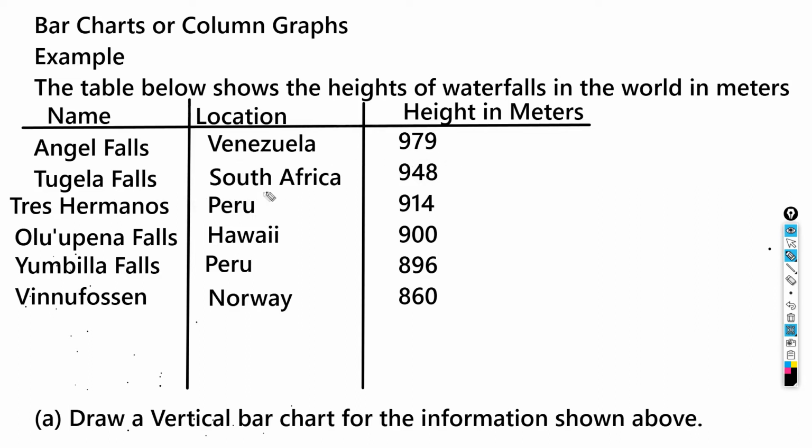Tugela Falls in South Africa, which is 948 meters. Tres Hermanos in Peru, which is 914 meters. Olo-Upena Falls in Hawaii, which is 900 meters. Umbilla Falls in Peru, which is 896 meters. Vinnufossen Falls in Norway, which is 860 meters. And it says draw a vertical bar chart for the information shown above.